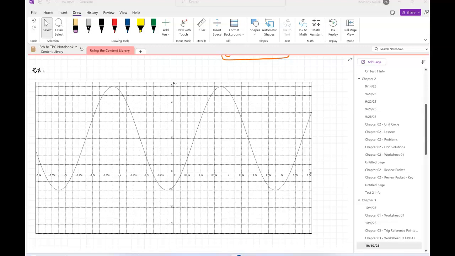Just do as much as you can. If you finish in 10 minutes, excellent. If you get hung up eventually, that's fine. Hopefully everybody can get the midline, amplitude, and period out of this thing. I think that should be realistic.